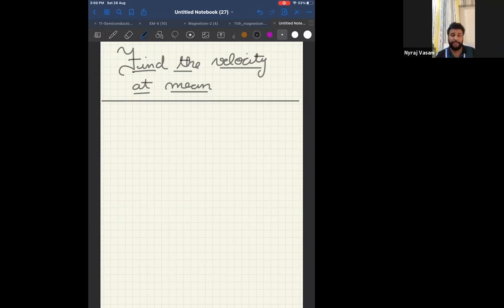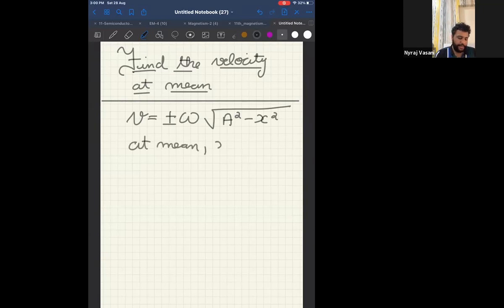Okay, I got answers from many of you. Now let me start. Tell me, with what formula do I need to start? I need to start with the velocity formula itself. Now, can I say the general formula for velocity of oscillation is plus or minus omega root of a square minus x square, correct? Now, at mean position, x is equal to 0.